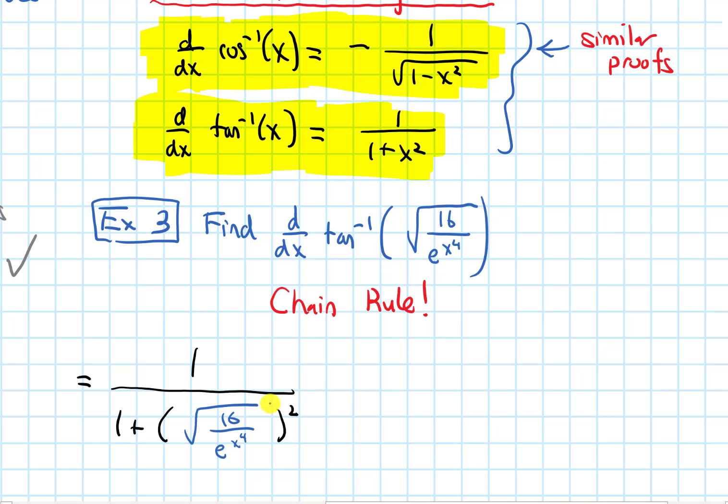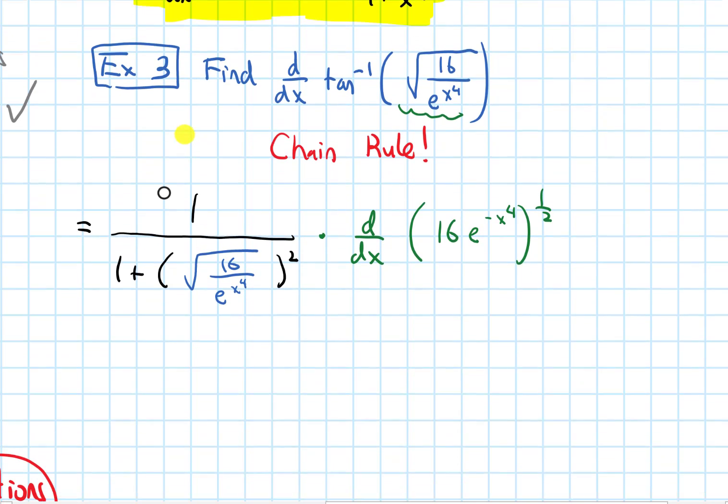And then the next part of chain rule is you multiply this by the derivative of that inside thing. To take the derivative of that root, it'll be helpful to rewrite the root as a 1/2 power. And then inside I have 16 over e to the x to the 4. I can get rid of the fraction if I bring the e term to the numerator, so I get 16 e to the negative x to the 4.